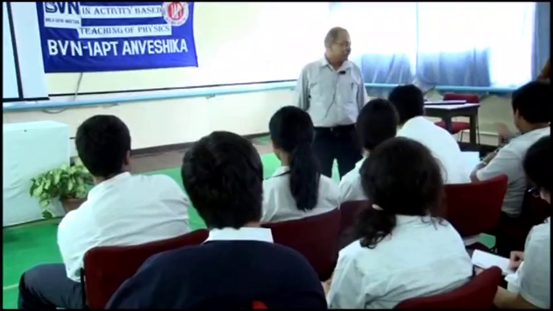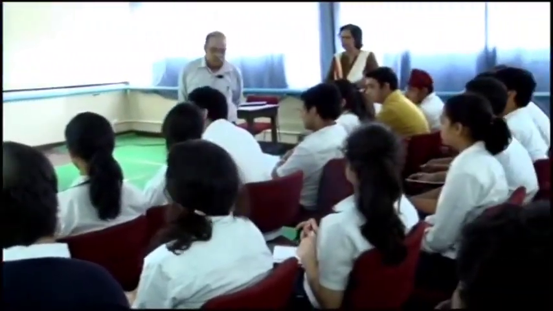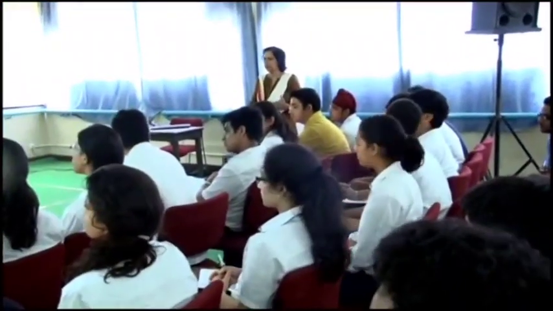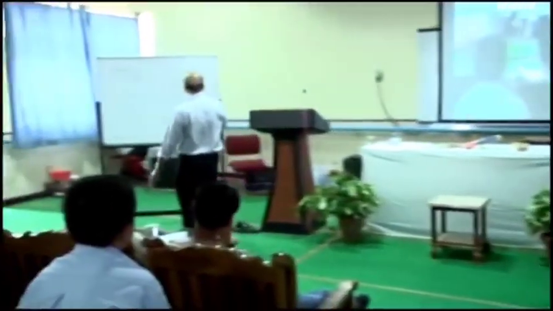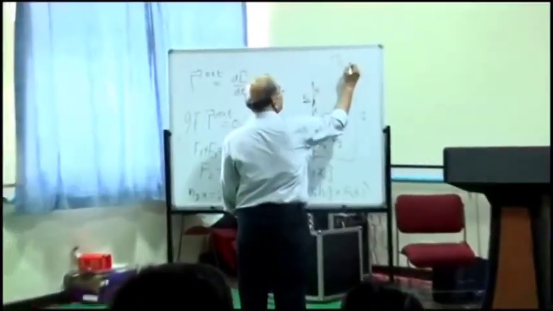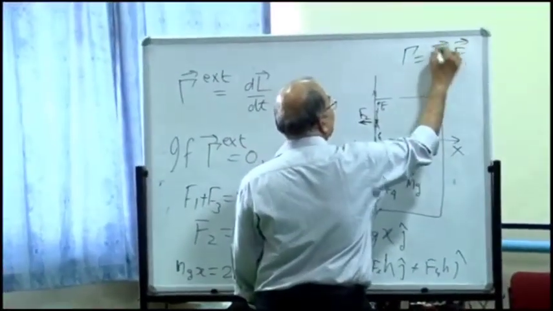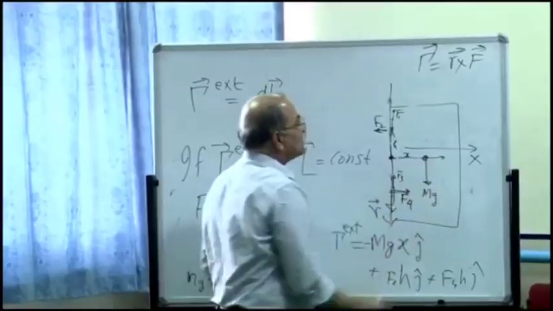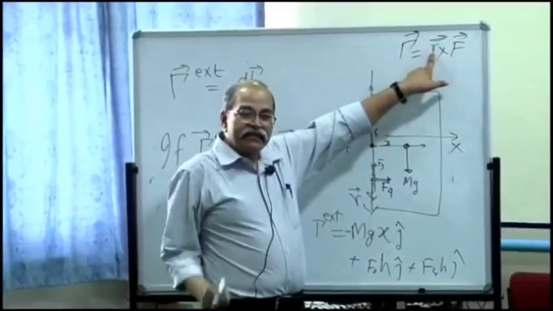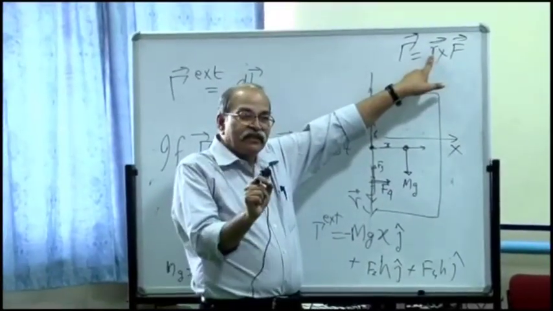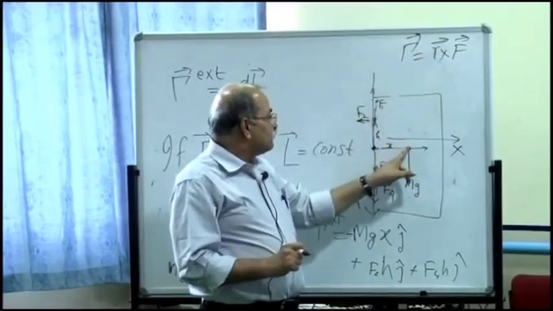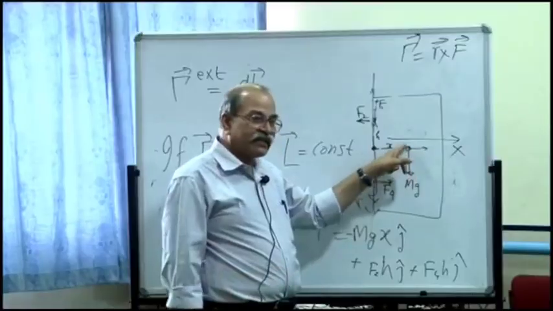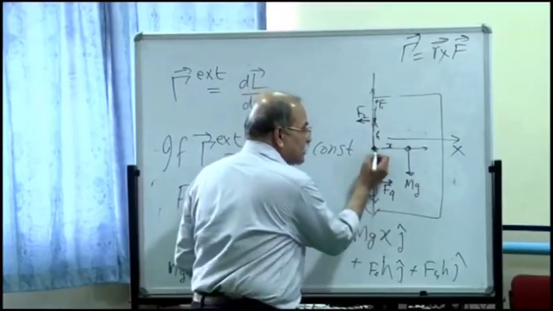Student: I didn't understand why mg was minus and the other two were plus. Okay, good. The torque is R cross F. Now for mg, what is this R? This R is the position vector of the point where you are applying the force. So for this force, here is the point where this force is applied, and this is the origin.